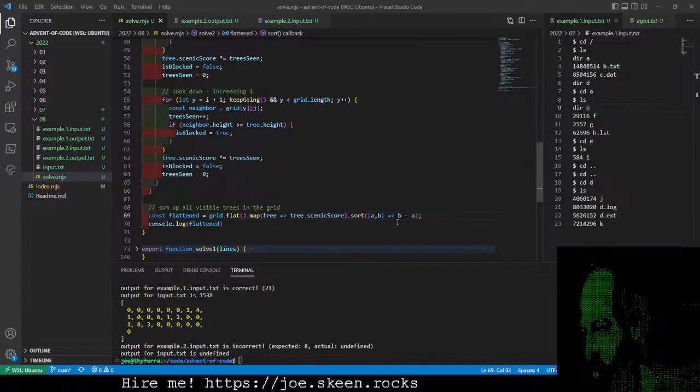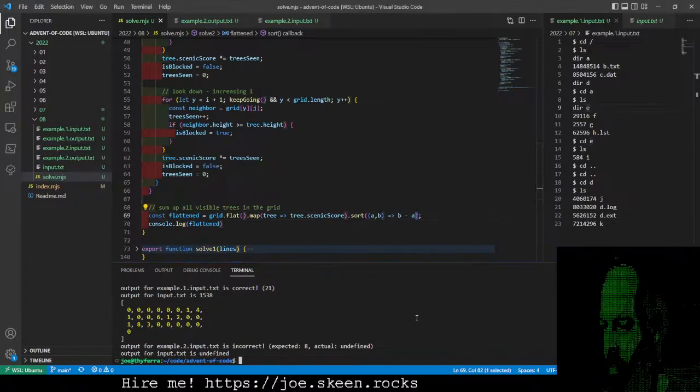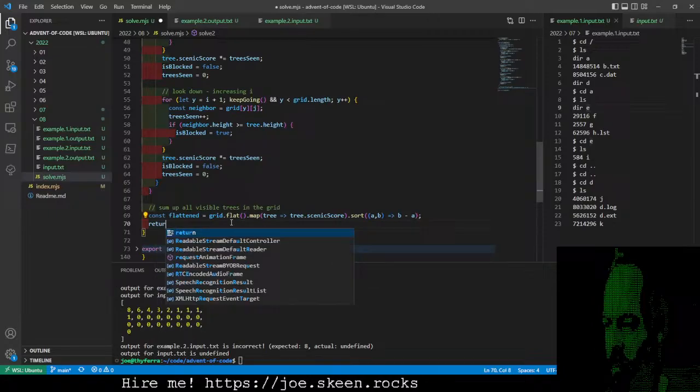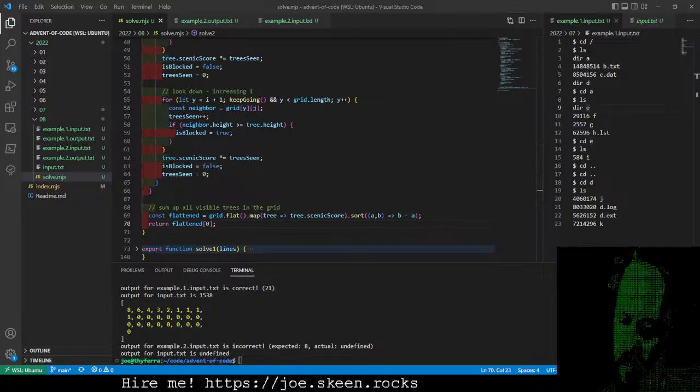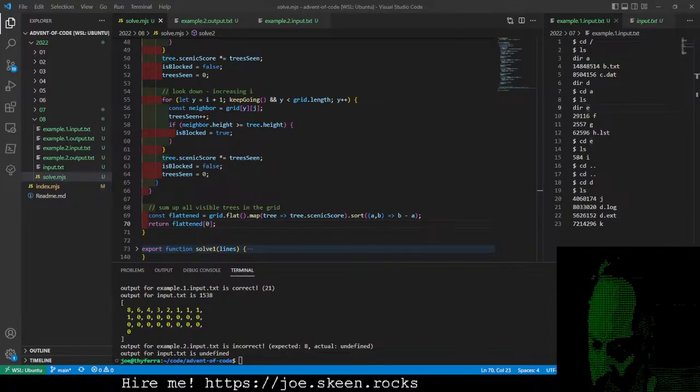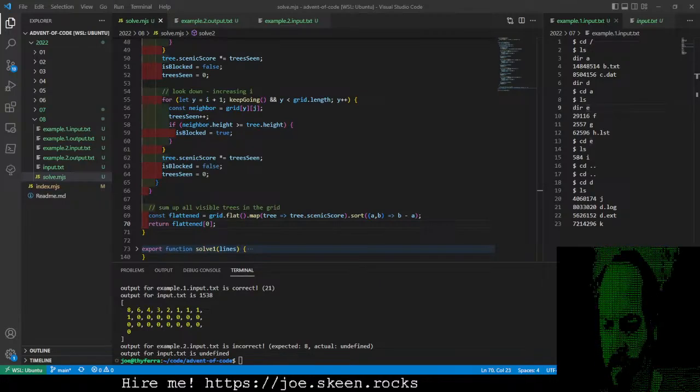I want to sort descending. I probably didn't need to sort there, which will iterate multiple times over the array to sort the entire collection.